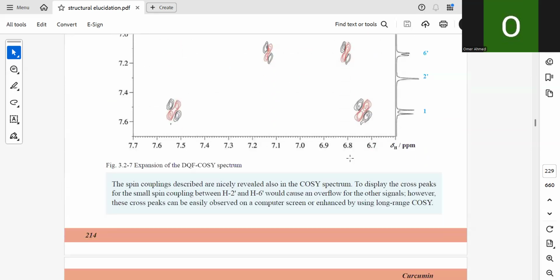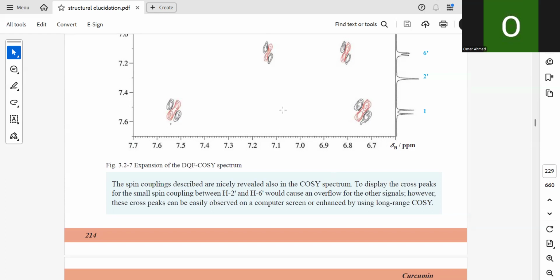So the spin couplings described are nicely revealed also in the COSY spectrum, which displays the cross peaks for the small spin coupling between 2 prime and 6 prime. It would cause an overflow for the other signals.